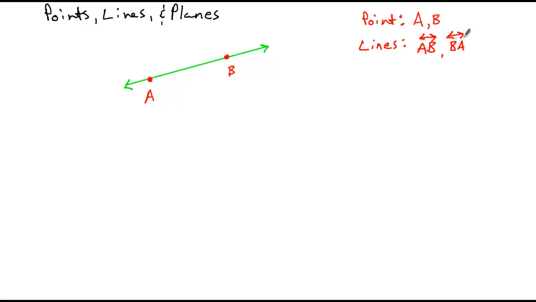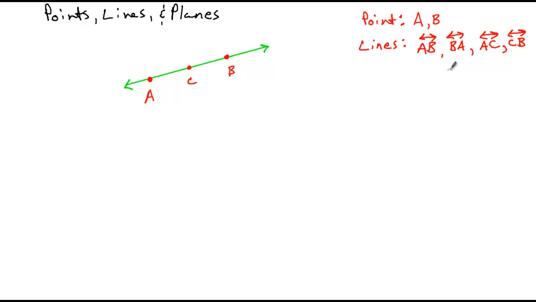The order doesn't matter. Either order is fine. Now, let's say that we have a point in the middle here. This will be point C. This is also line AC. This is also line CB. Okay? Any combination of any 2 of these is perfectly fine for naming this line.